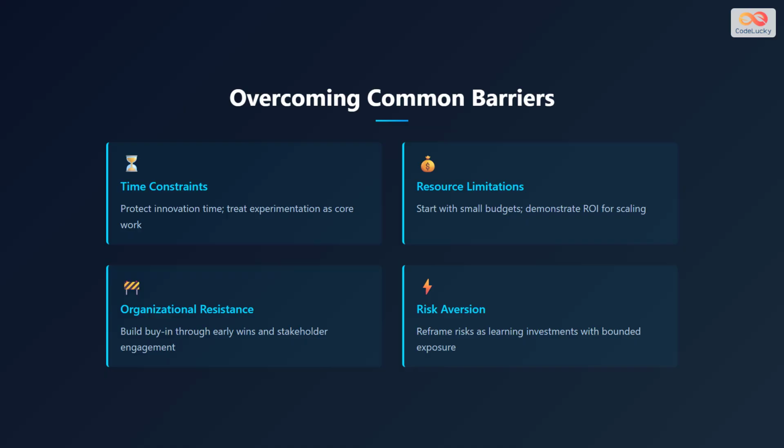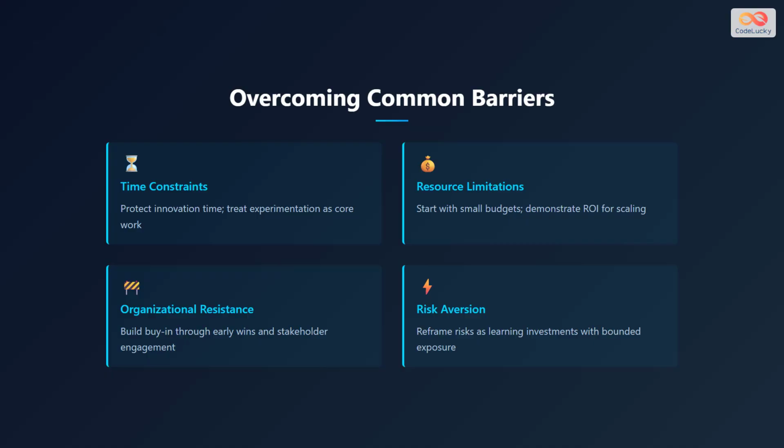Having great ideas is only the first step. The real challenge is converting ideas into impact. Establish a clear innovation funnel with defined stages: idea generation, screening, development, testing, and scaling. At each stage, use explicit criteria to decide which ideas move forward. Make decisions quickly to maintain momentum. Provide adequate resources and support to promising ideas.